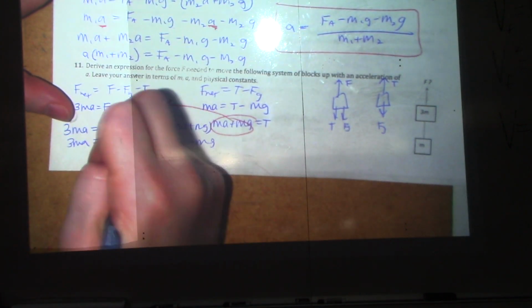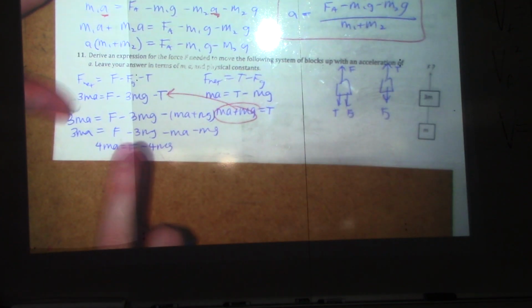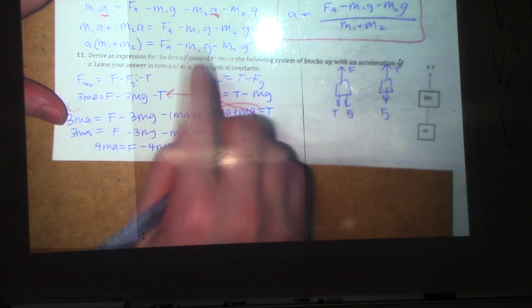So that becomes negative 4mg. Add this Ma over, that becomes 4Ma. And then I'm trying to get F by itself, right? Determine expression for F. So then you just add over, 4Ma plus 4mg is your F.